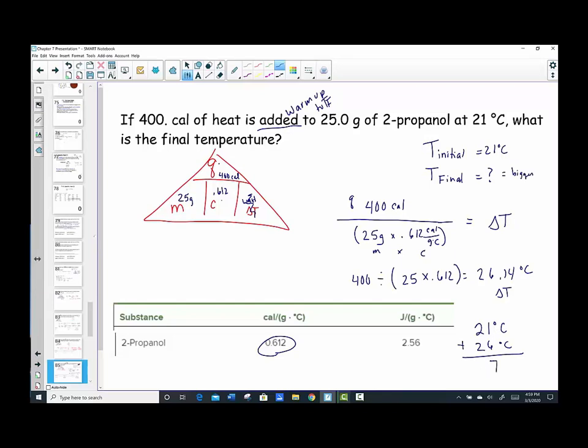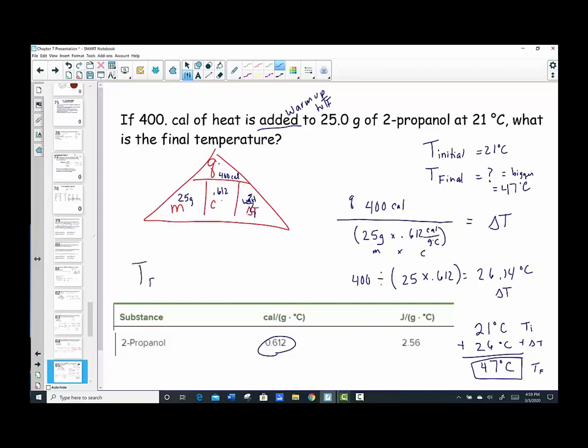So it's going to land at 47 degrees Celsius. It changed by 26 degrees Celsius, so it would end at 47. We're taking the initial and adding the change to find the final. Think about what I just said there.